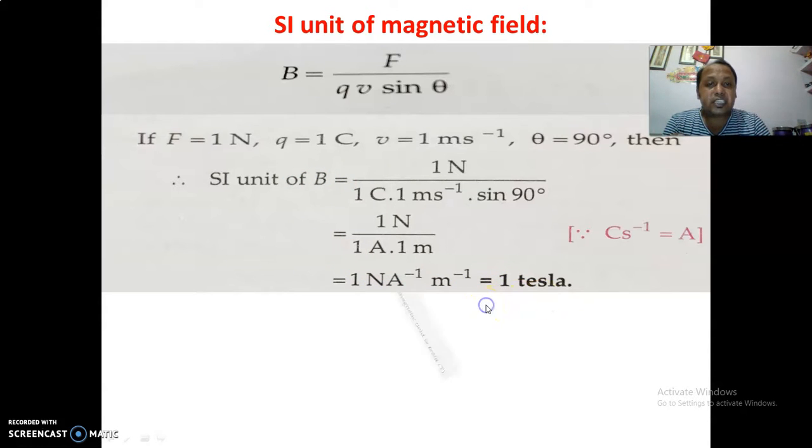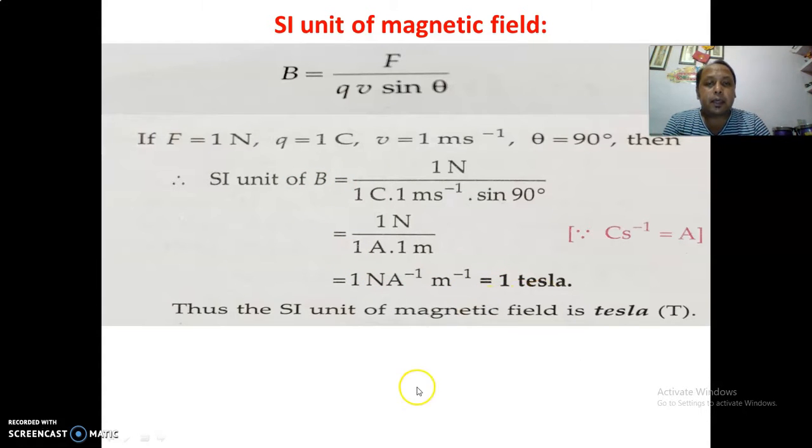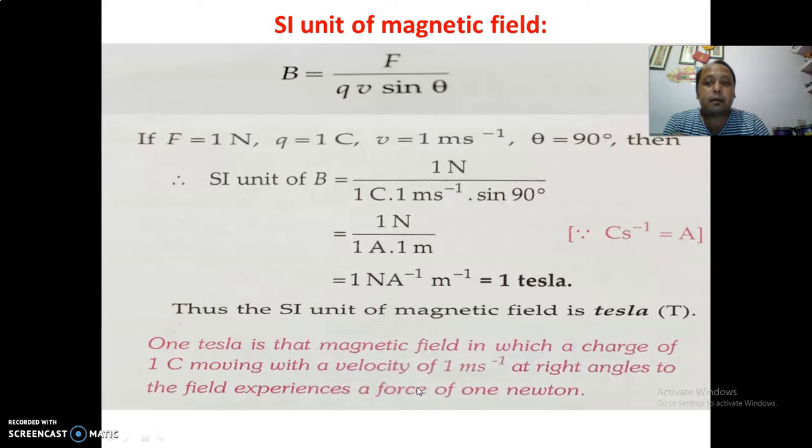So now we can easily define Tesla. 1 Tesla is that magnetic field in which a charge of 1 coulomb, moving with a velocity of 1 meter per second at an angle of 90 degrees with the magnetic field, experiences a force of 1 Newton.